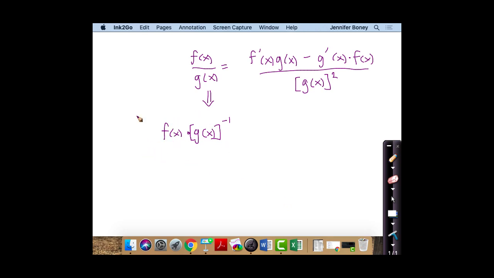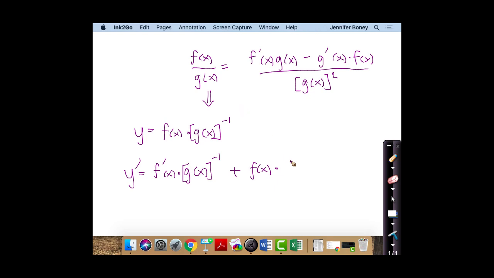The derivative of something that looks like that would have the derivative of f of x times the original g of x to the negative 1, plus, all the way around, the original f of x, I'm just saving the worst part for last, times the derivative of this. I've got a whole function raised to the negative 1 power.